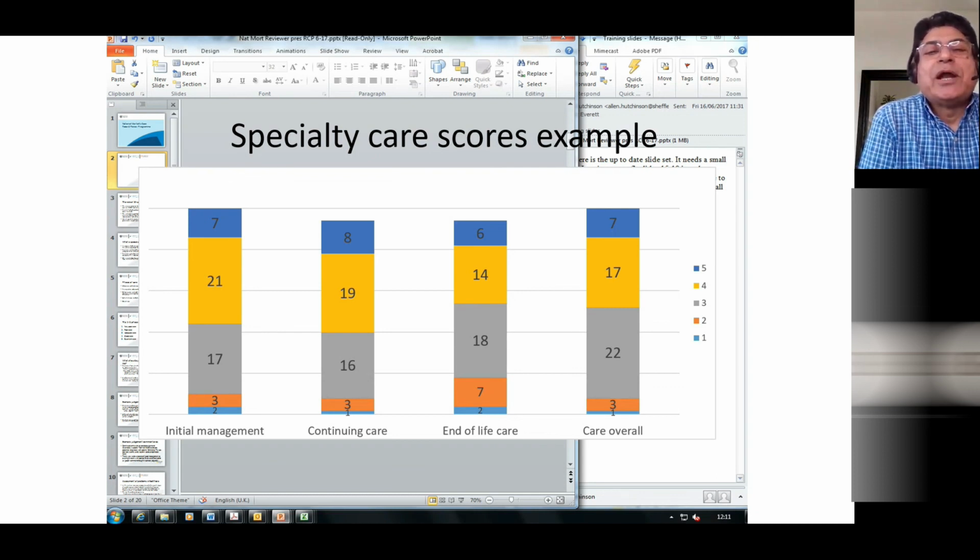So you will immediately know that in end of life care there is poor care. And when you play around with the computer, you will know which hospital, if it is data for the whole country, or which department, if it is data for one hospital.